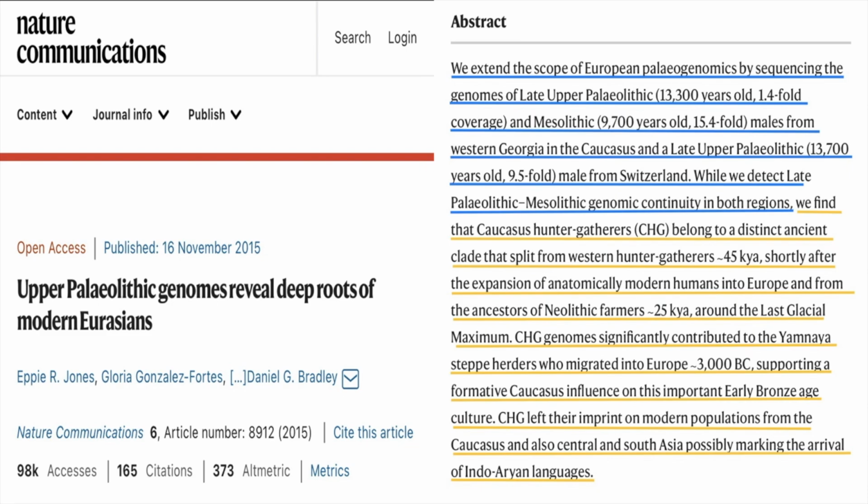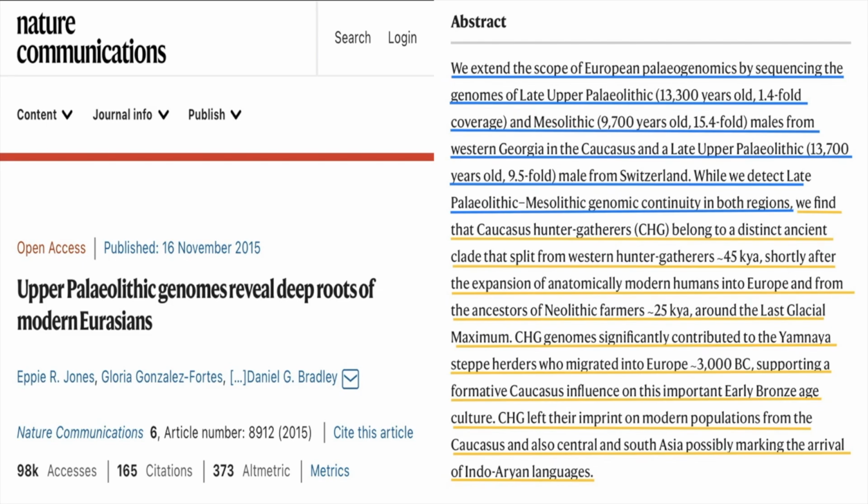This is from "Upper Paleolithic genomes reveal deep roots of modern Eurasians," and it says: we extend the scope of European paleogenomics by sequencing the genomes of late Upper Paleolithic and Mesolithic males from western Georgia in the Caucasus and a late Upper Paleolithic male from Switzerland.